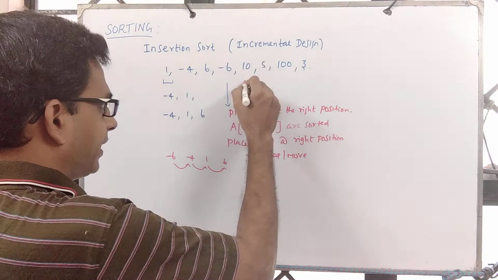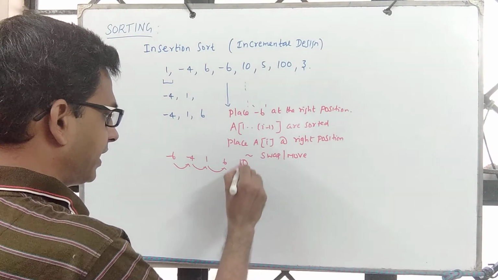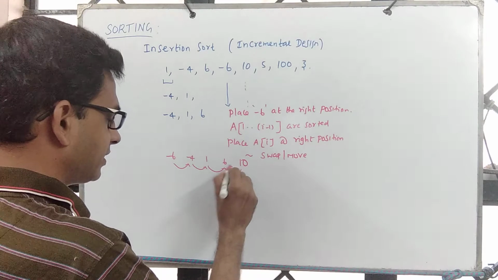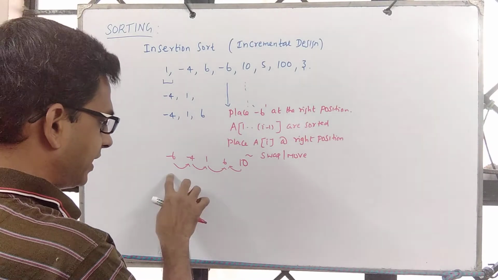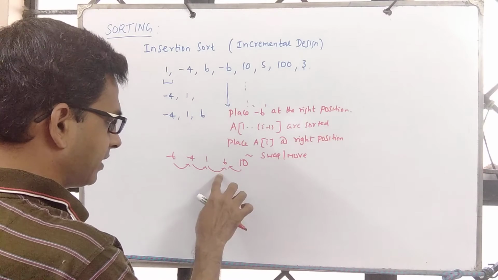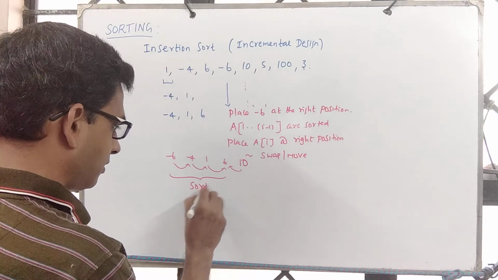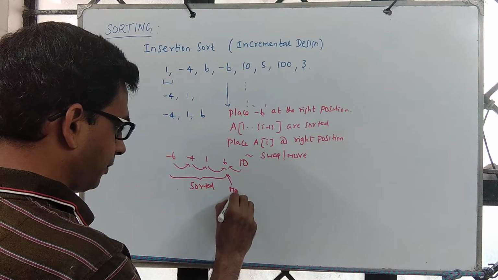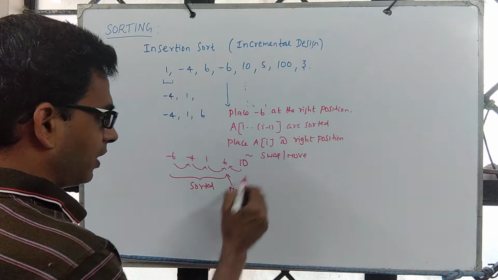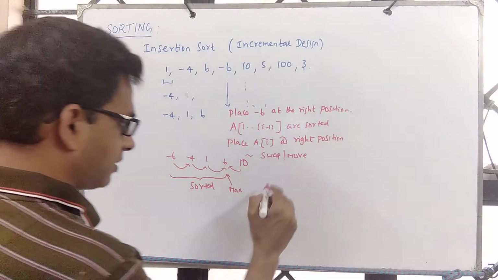Next we are bringing 10. When we bring 10, you see that when you compare 10 and 6, 10 is larger than this. Please note that these elements are sorted, which means this is sorted, and for this array, this is maximum. Now ith value is more than this.